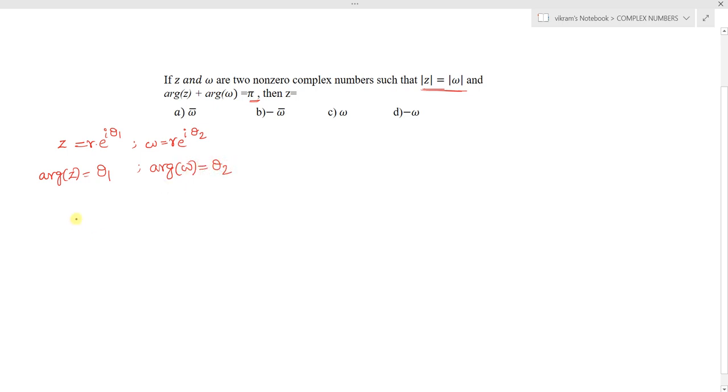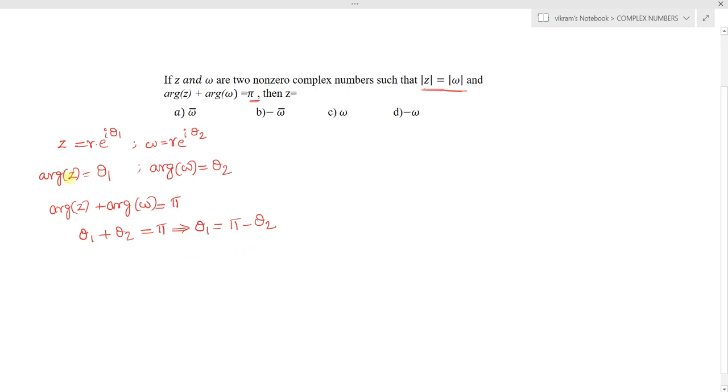Now from the given condition, arg of z plus arg of w equals pi, we can write theta 1 plus theta 2 equals pi. From this, theta 1 equals pi minus theta 2.